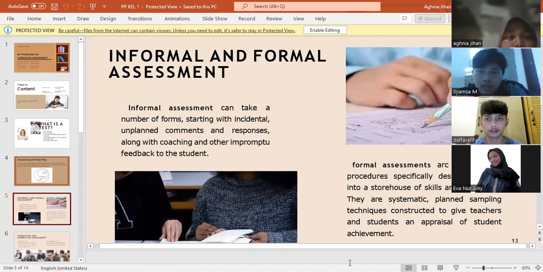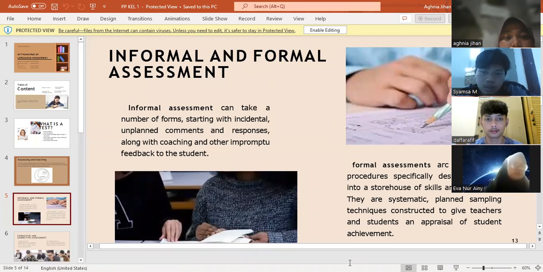The first, informal assessment, can take a number of forms, starting with incidental, unplanned comments and responses, along with coaching and other impromptu feedback to the student.